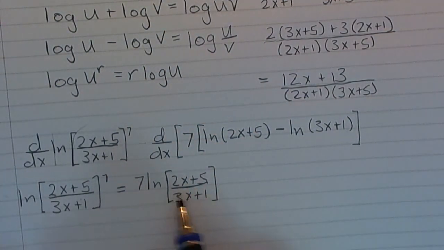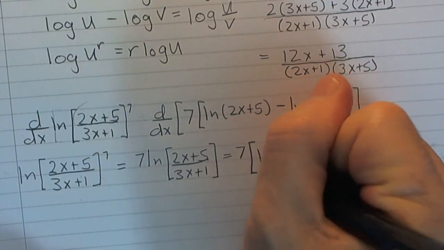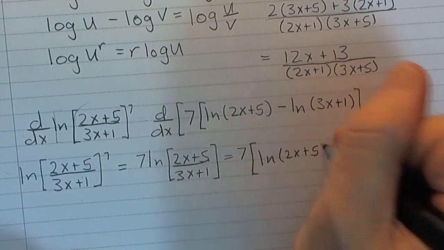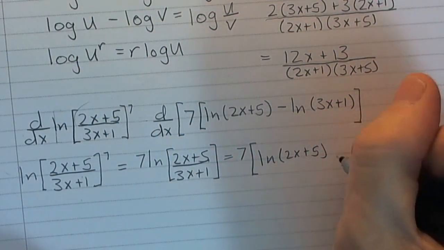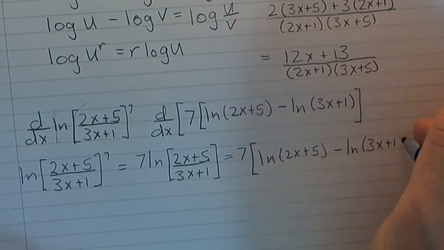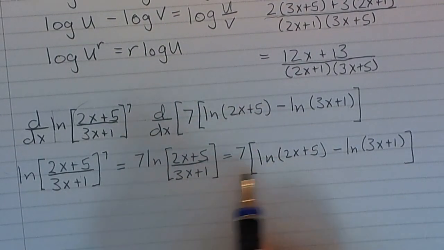Now I can expand this out. So keeping the 7 here, this is the log of 2x plus 5 minus the log of 3x plus 1. Look at that. Same thing. So that's where I got that.